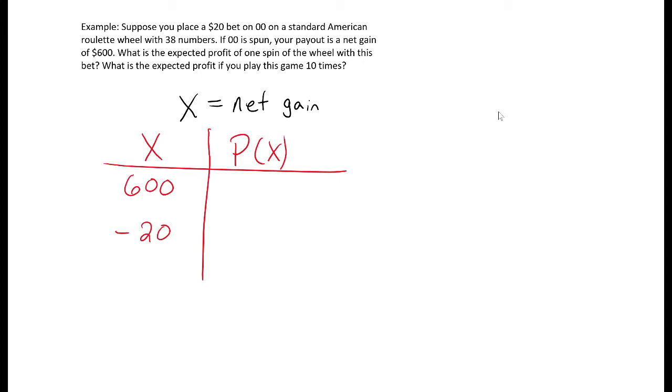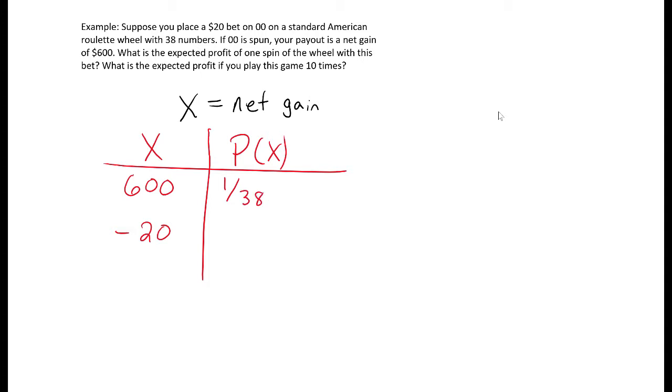Now the question becomes, what's the probability that we win the $600, that we walk away with $600? Well, there's 38 numbers on a roulette wheel. Only one of those numbers is the 00. Therefore, the probability of getting $600 is 1 out of 38.